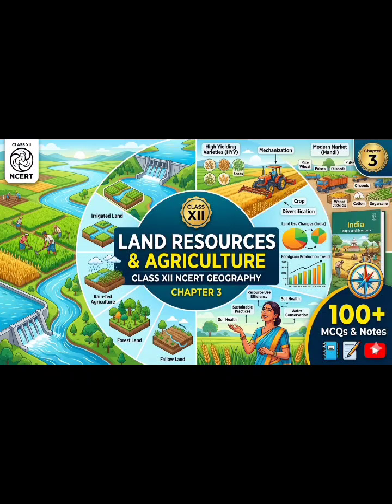Next point is constraints of financial resources and indebtedness. The inputs of modern agriculture are very expensive. This resource intensive approach has become unmanageable for marginal and small farmers as they have very meager or no saving to invest in agriculture.